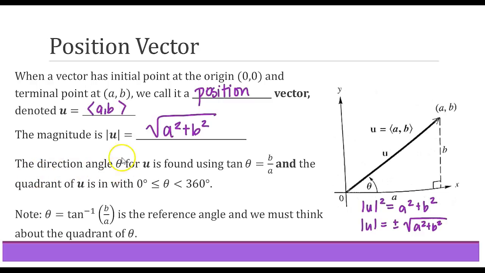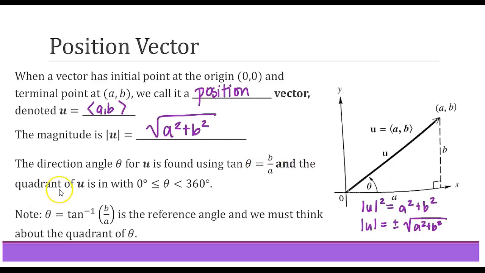And now we're interested in what's called the direction angle, theta. This direction angle for this specific vector u is found by using tangent theta equals b over a. I'm interested in finding theta, and I have its opposite side and its adjacent side, so I'm going to use the tangent function.